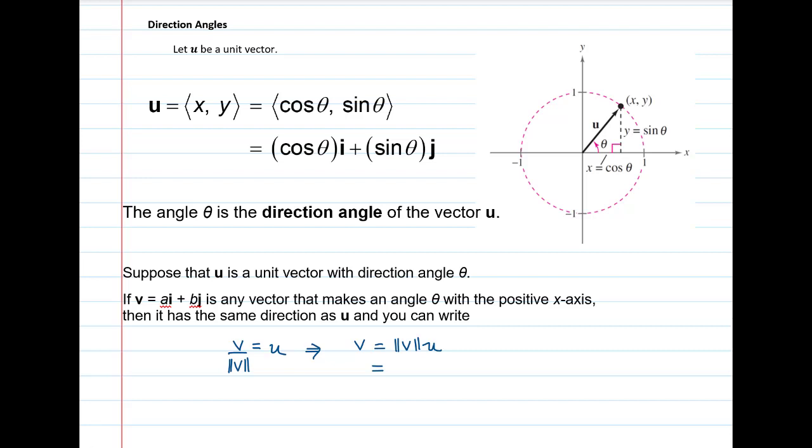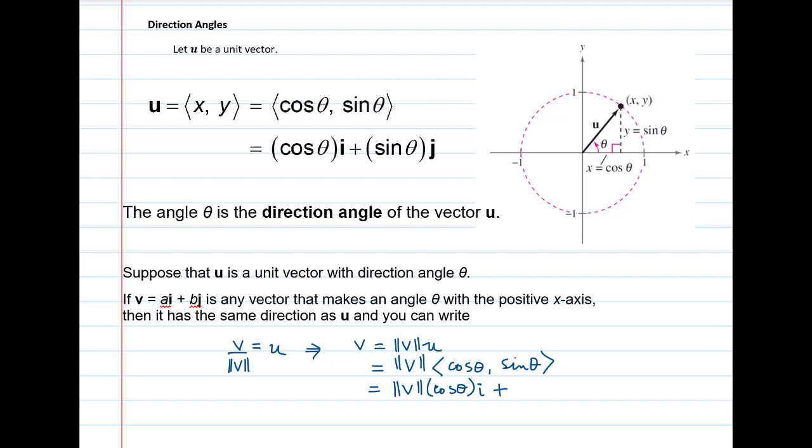Since I already have a representation with cosine and sine of the direction angle for a unit vector, then I can think of v as a vector that is equal to the magnitude of v times u, this unit vector u in the direction of v, right? And you can see that from our equation here on the left, where v over magnitude of v is equal to u.